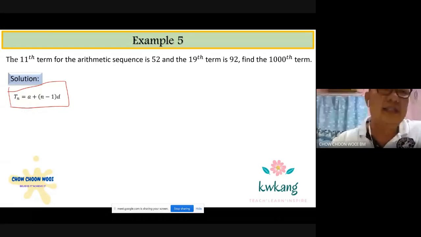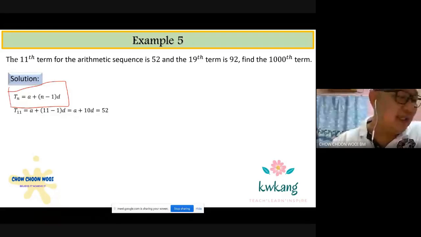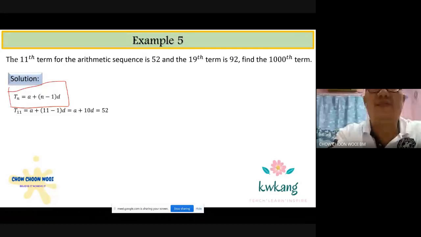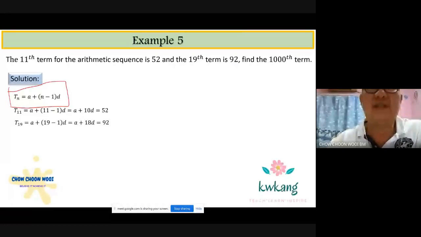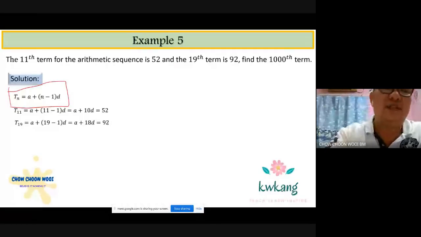So T11, macam XY tu lah, atau kita panggil simultaneous equations, persamaan serentak. So T11 is equal to A plus (11 minus 1)D, which is equal to 52, right? This is T11. So T19 is equal to 92. We obtain these two equations, right? Then we can solve it simultaneously.